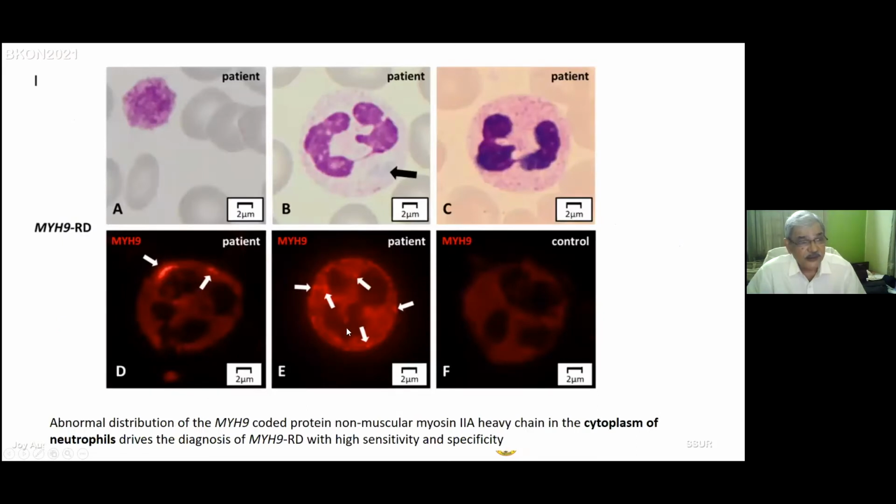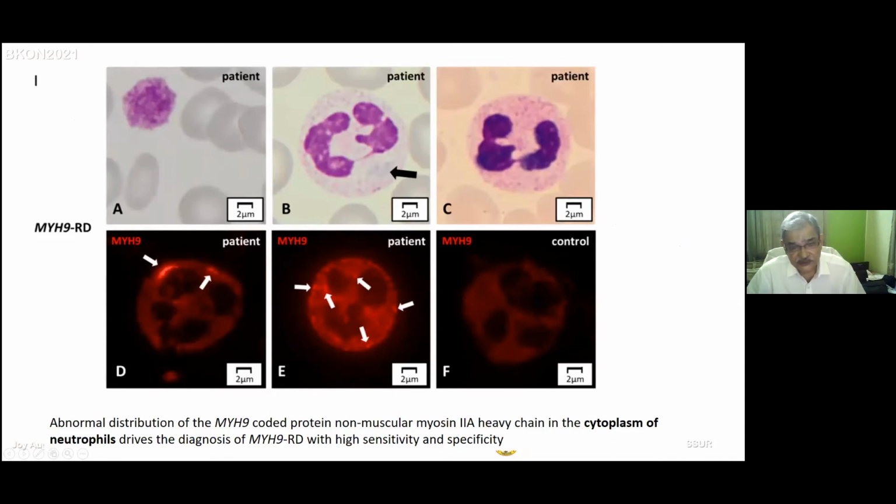Now, this is a May-Hegglin anomaly where you find accumulation of the myosin 2 heavy chain in the neutrophils. This can be demonstrated by the presence of fluorescence like this, while the normal neutrophil will not have any spotty fluorescent areas. So this is one way of checking.